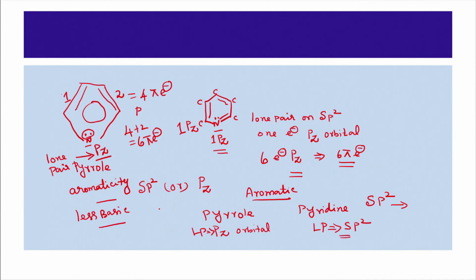So the observed phenomena of aromaticity and basicity can be explained if we use sp2 type hybridization for nitrogen. It is not the sp3 hybridization, but sp2 type hybridization that is responsible for the structure of nitrogen.